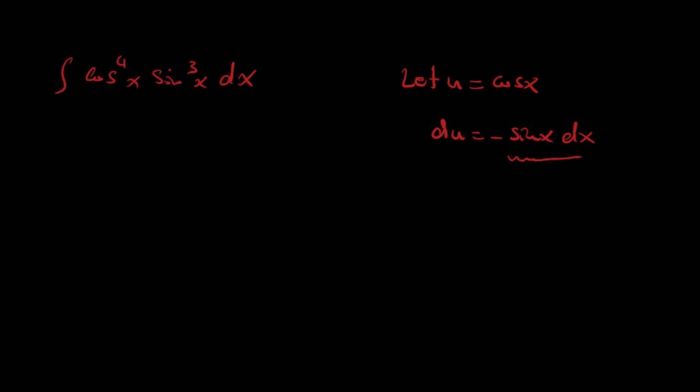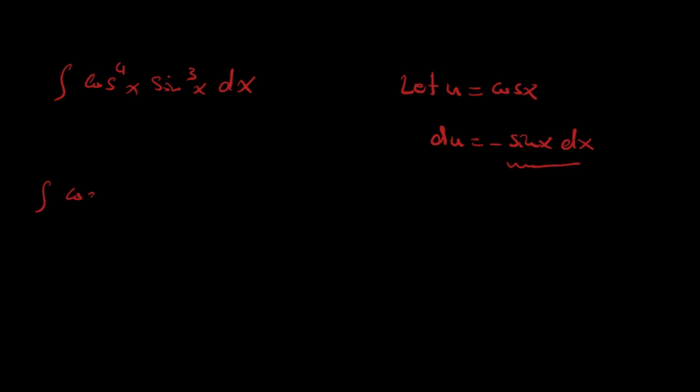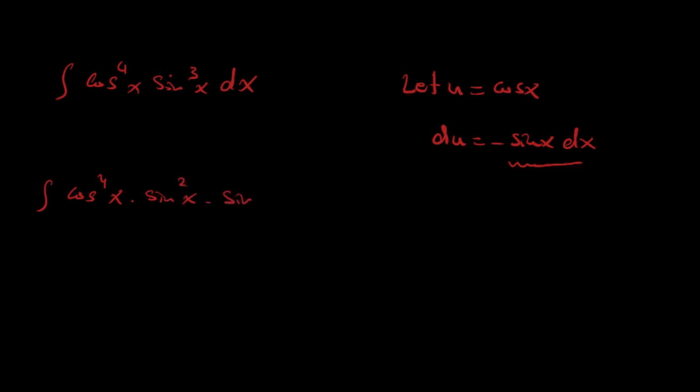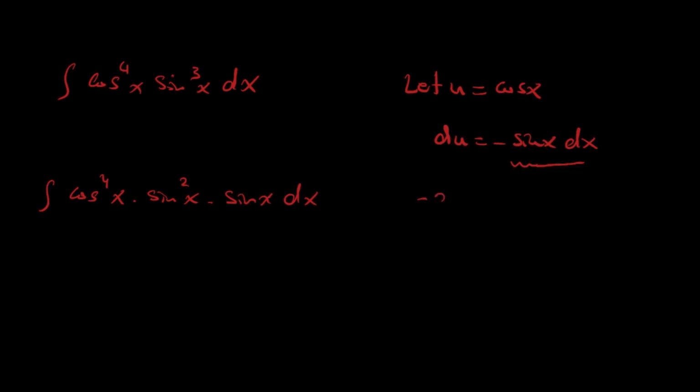So what do we do? We can break it down. To break it, we say integral for cosine to the power 4x. Break down the sine to the power 3, it becomes sine squared x times sine x dx. And don't forget, here we have minus du is going to be equal to sine x dx.